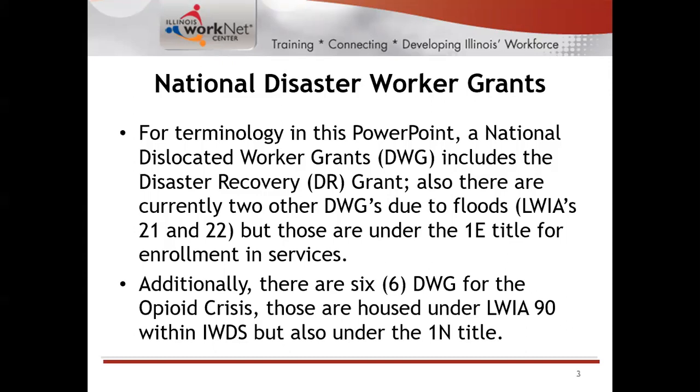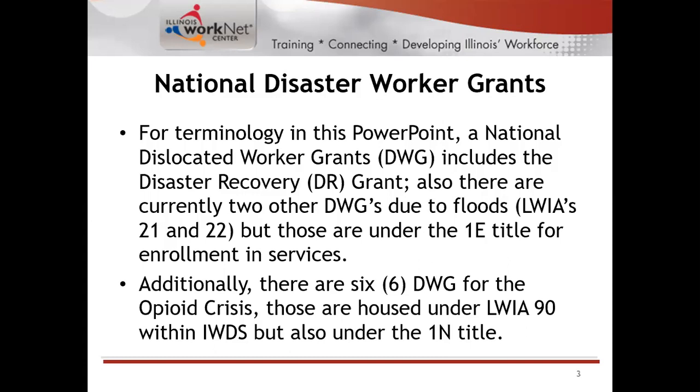Under the National Dislocated Worker Grants, currently in IWDS, LWIAs 21 and 22 also have disaster grants related to the floods that they had in their areas. One of the different things about their grants is that those show up under the 1E title within IWDS.